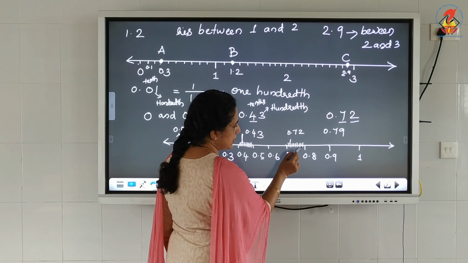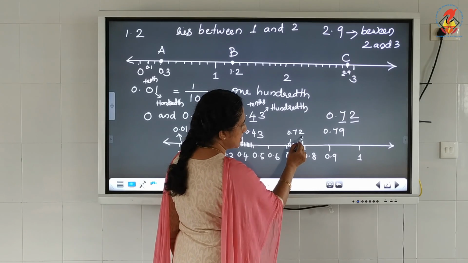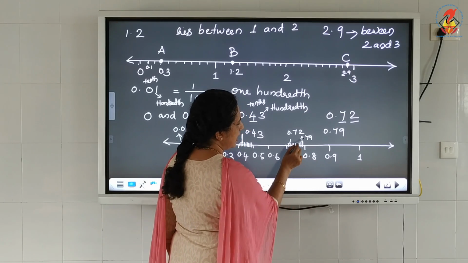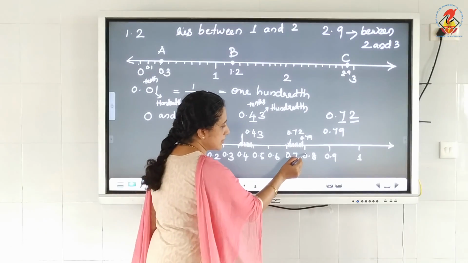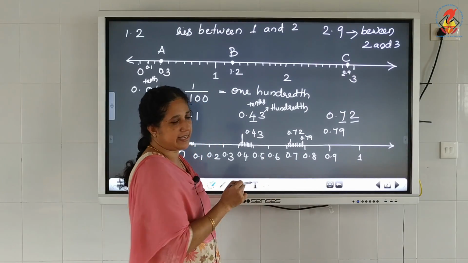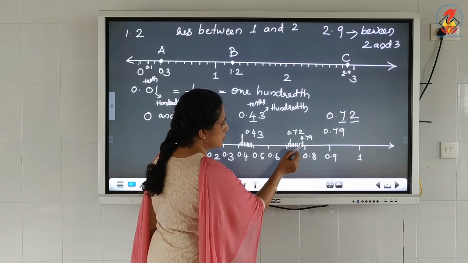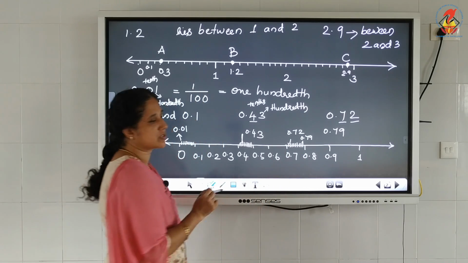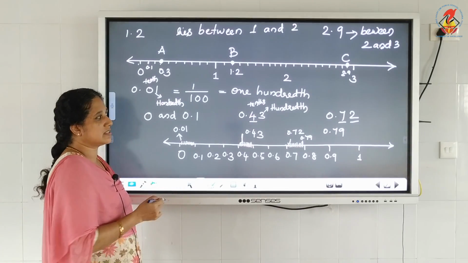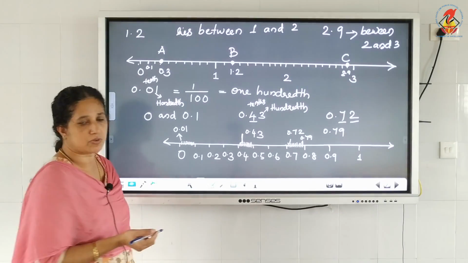This point will represent 0.79, and 0.79 is closer to which decimal number? 0.8. 0.79 also lies between 0.7 and 0.8 and it is closer to 0.8. So in this way we can represent the decimal numbers on the number line.